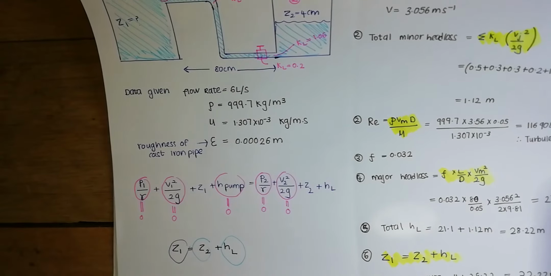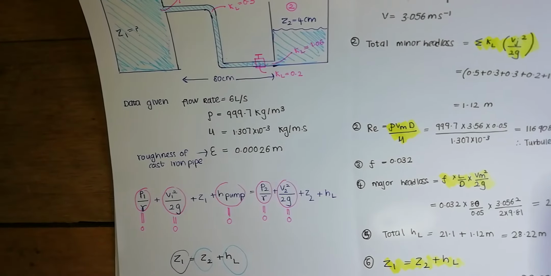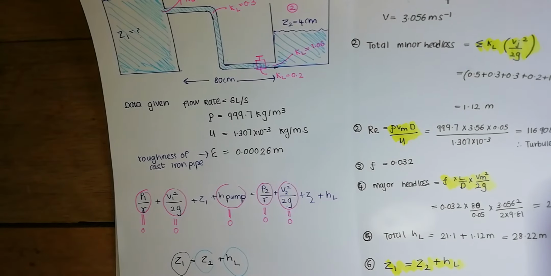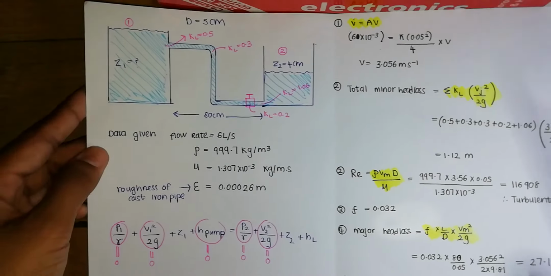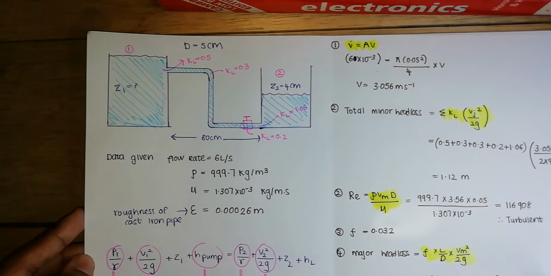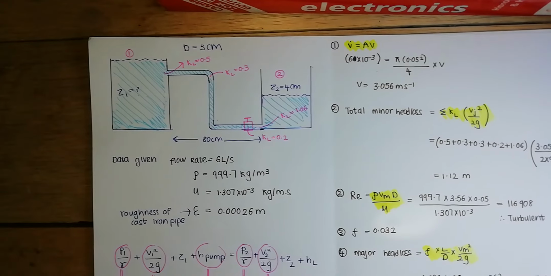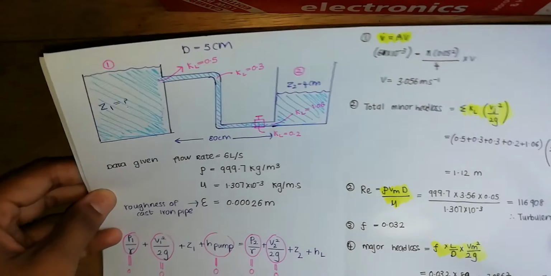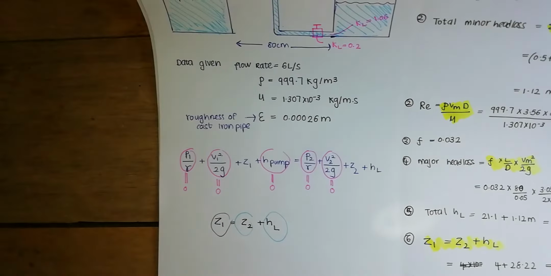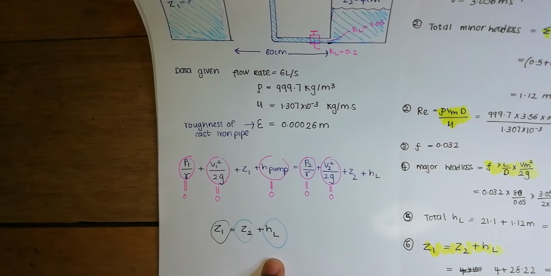The pump term is 0 because we don't have a pump in the question. They haven't mentioned a pump, so we assume that the pump is 0. So in order for us to find this elevation Z1, we know it's a combination of Z2 plus HL. And Z2 they have already given us as 4 meters. So we need to find HL.